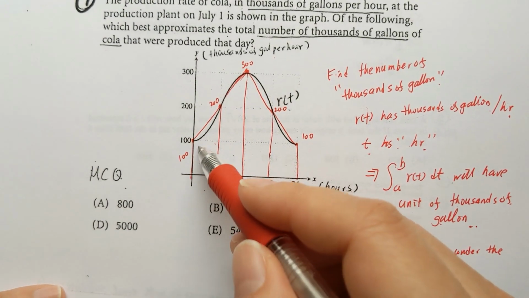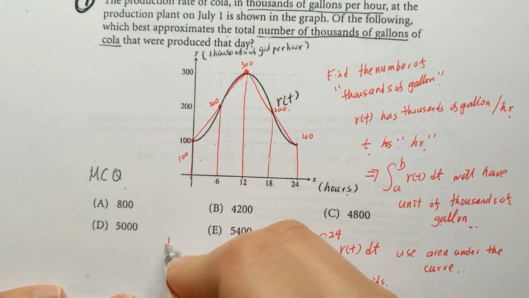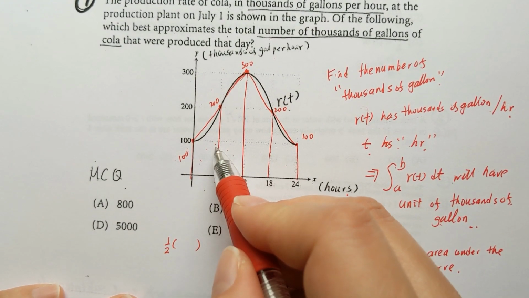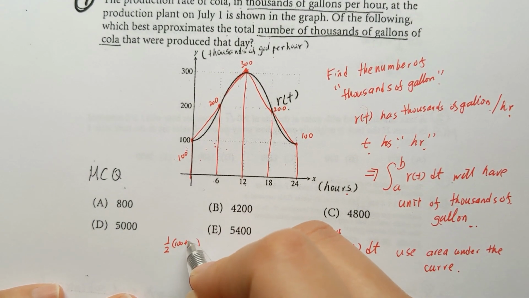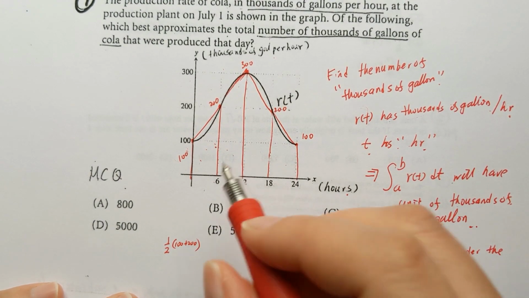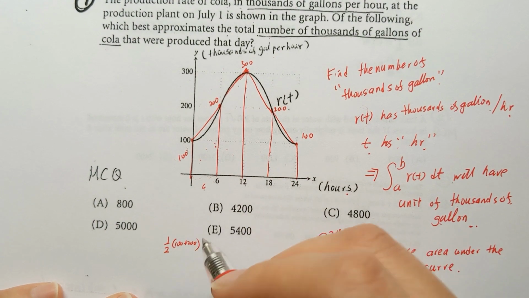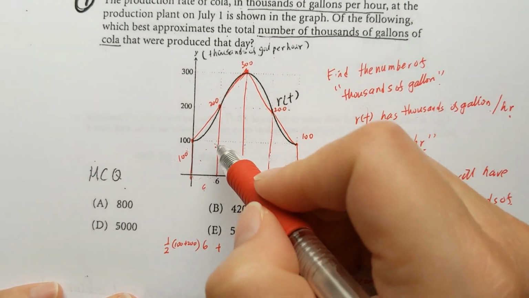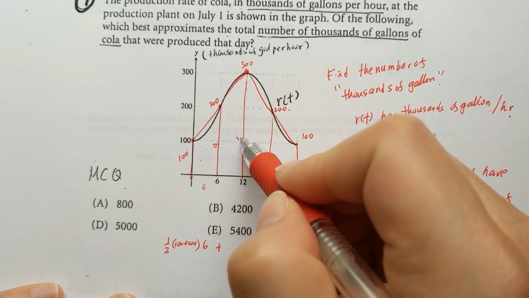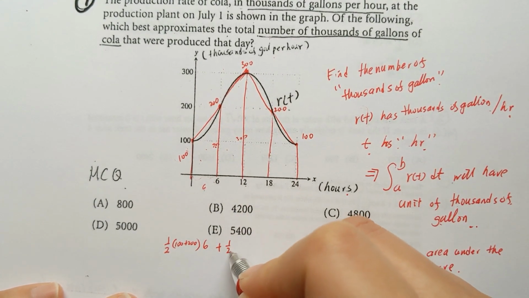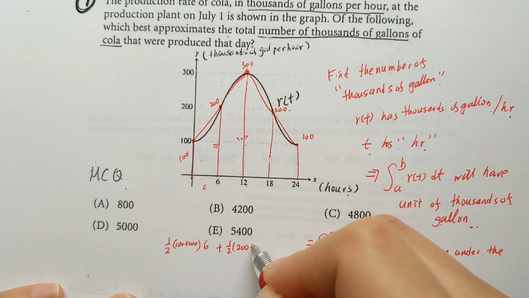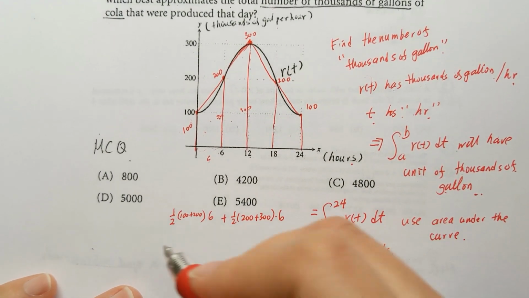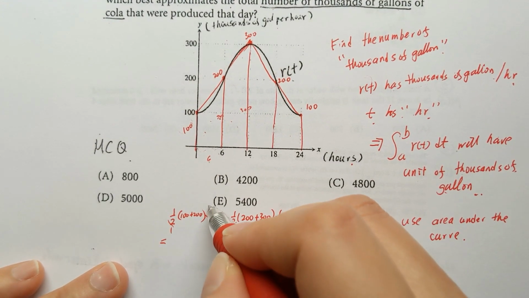So now I'm going to find the area of these 2. We're going to do 1/2 times the base 1, which is 100, and this 200: 100 plus 200, and then delta x equals 6. The second one, you get a 200 with a 300. So 1/2 times 200 plus 300 times 6. Now I'm going to simplify a little bit.